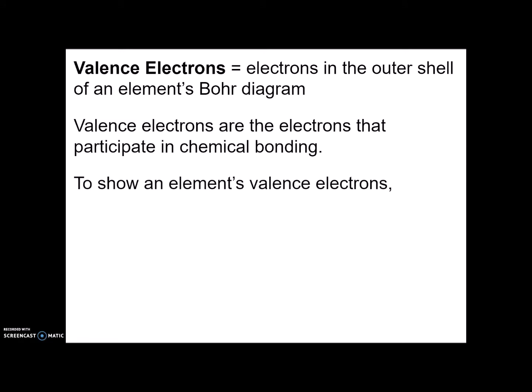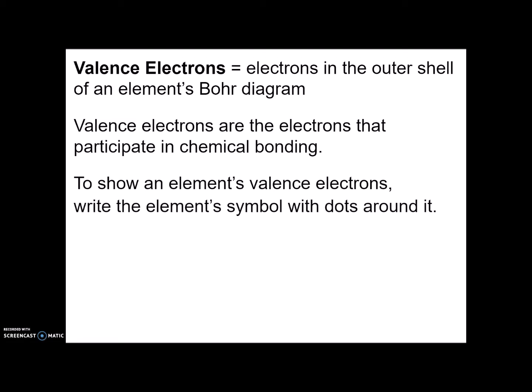The way we show the number of valence electrons, since students, if you get to argon, you've got 18 dots. Let's say we just want to show the outermost dots. Well, we write the element symbol and we put the appropriate number of dots around it.